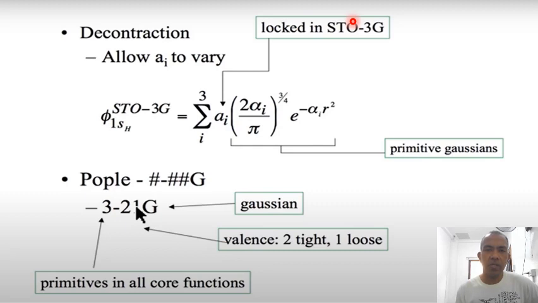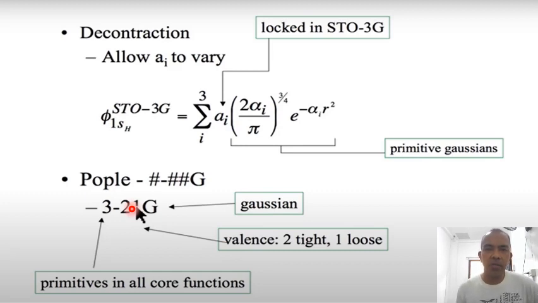I'll keep the alpha one, two, and three values that were optimized in other writings, but now we will just let these three A's float. It becomes three basis functions instead of just one.